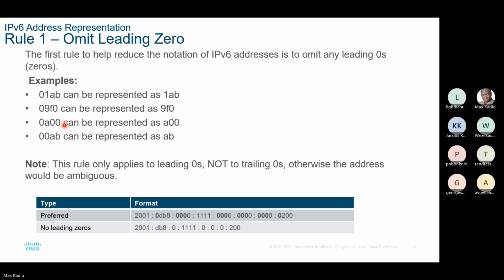Not the back one, the front one. 00AB, you remove the leading zeros and make it short, AB. This is an example down here. 2001 has no leading zeros. 0DB8, we can remove a 0. If you have 4 zeros, you can remove the first 3 and keep 1. 1111 has no zeros. So check this one.